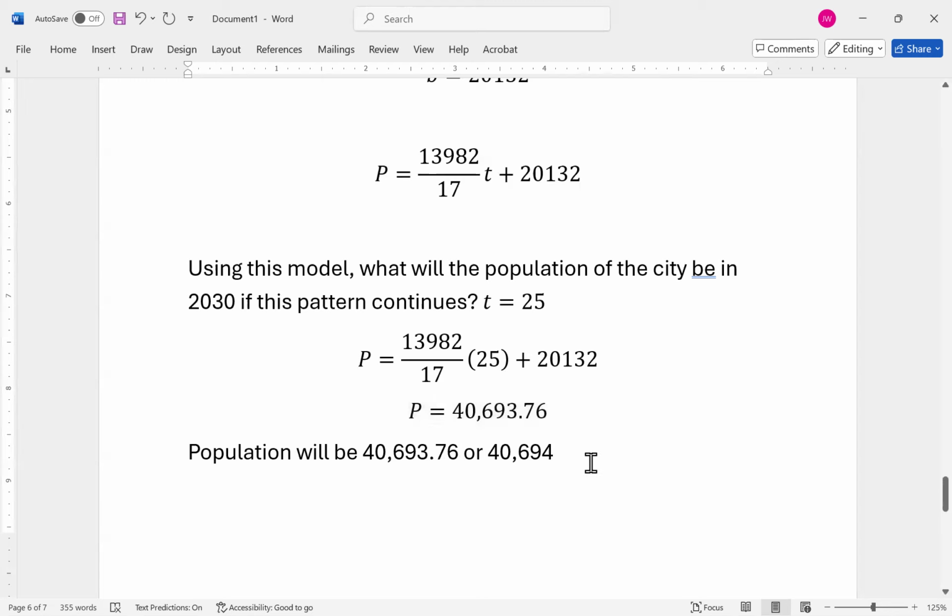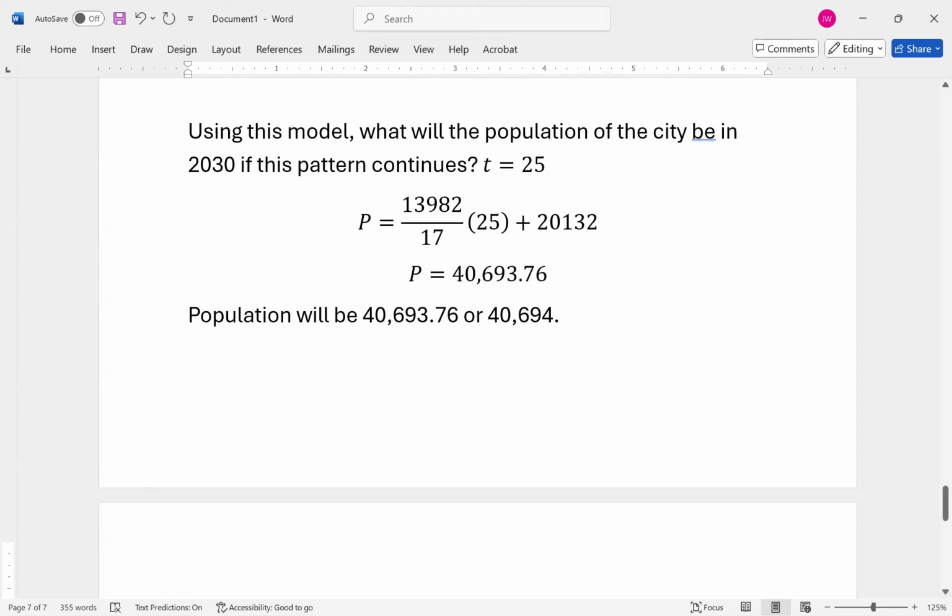It kind of just depends on how your instructor will want that. The output of the model is 40,693.76, or a valid population that you could achieve, which is 40,694.